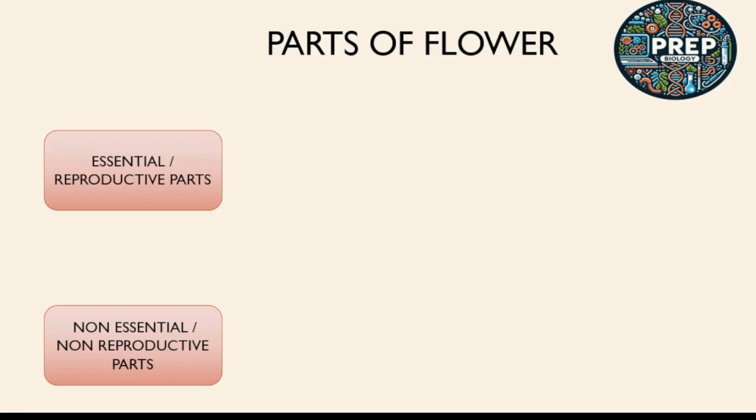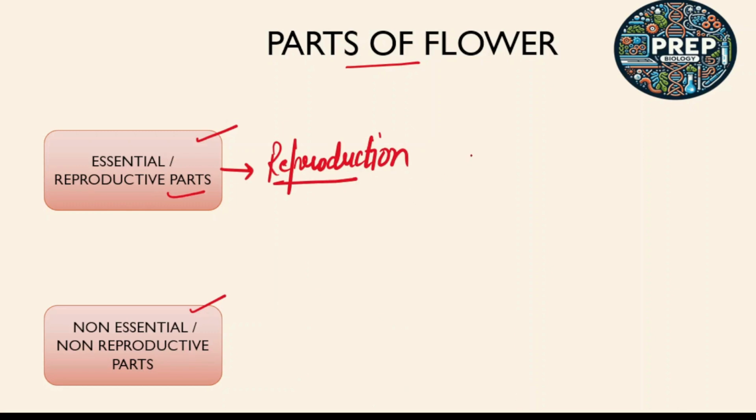First of all, parts of flower. We have two main parts, that is essential parts, which are also known as reproductive parts, and the second one is the non-essential parts, which are called non-reproductive parts. Essential parts are those parts which are directly involved in reproduction. That's why they are called reproductive parts.